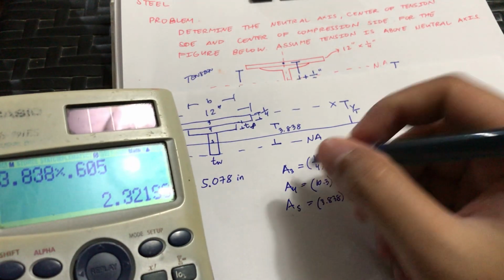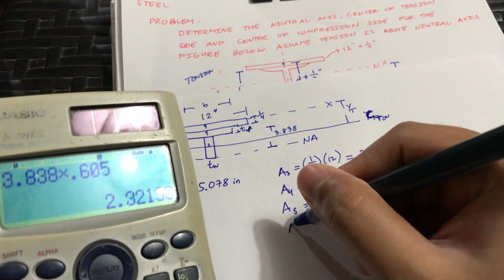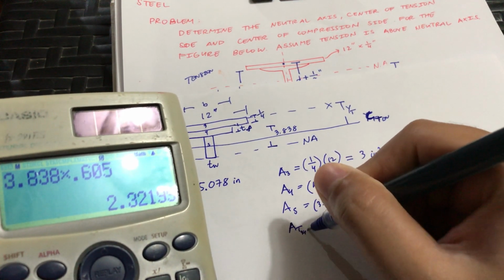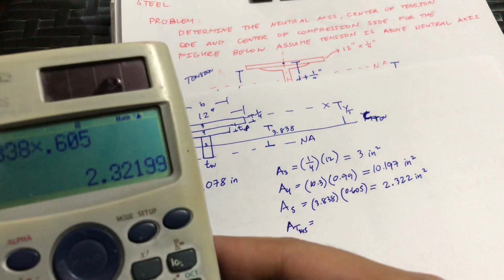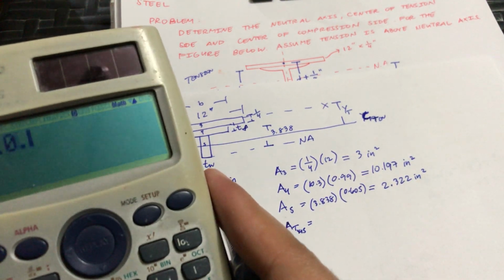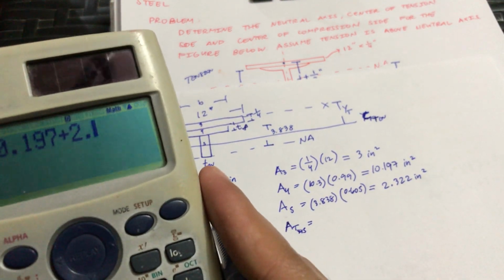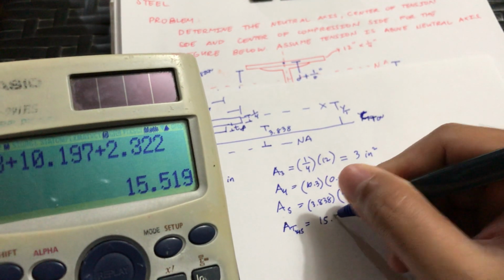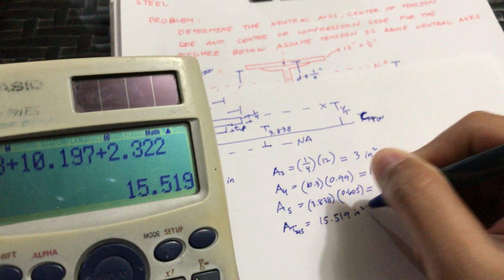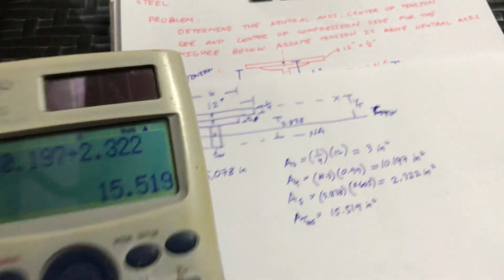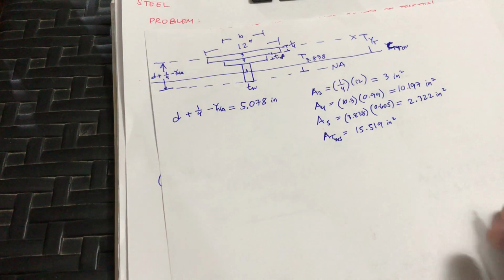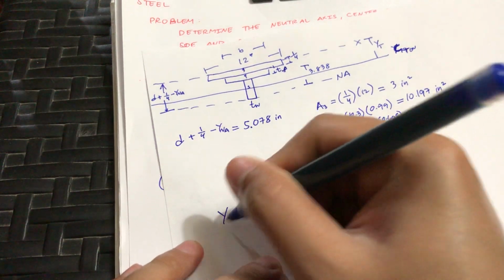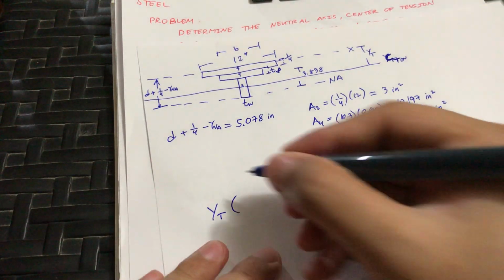Okay, and then we have the total areas for this one. For areas 3, 4, and 5, the total area is 3 plus 10.197 plus 2.322, 15.519 inch squared.